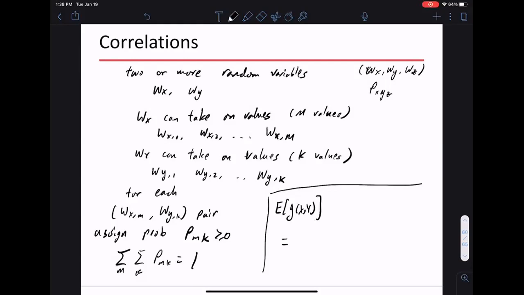What we really mean by this is the sum over all m, sum over all k, of g of Wx, Wy weighted by the probability. So we often see this shorthand form, the expectation of some function.